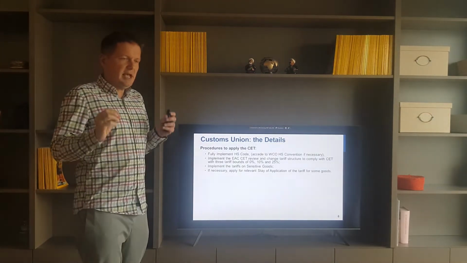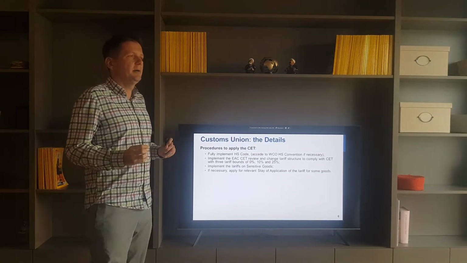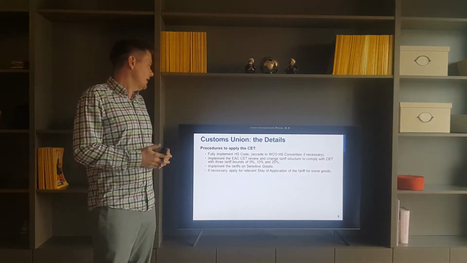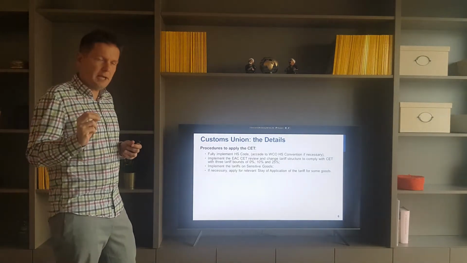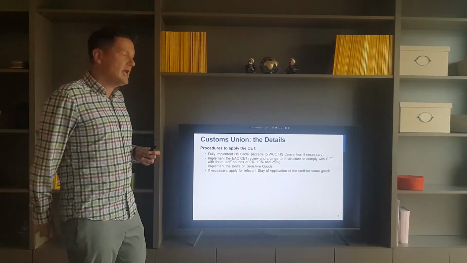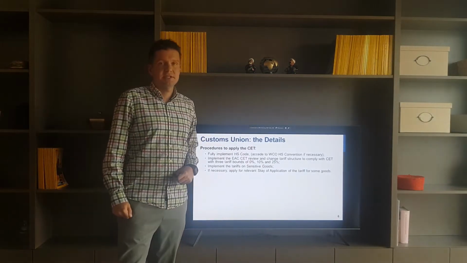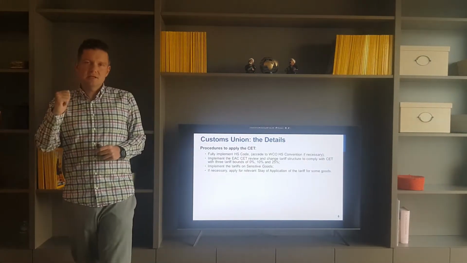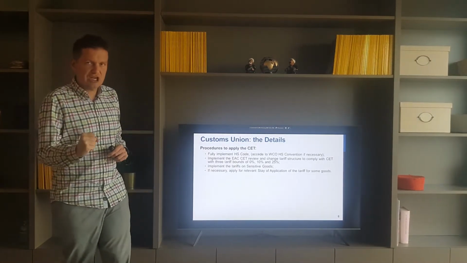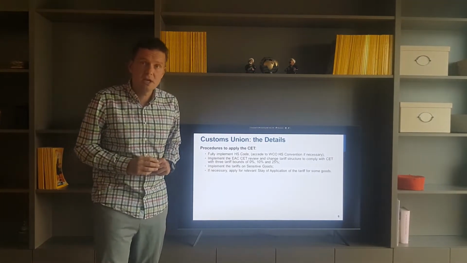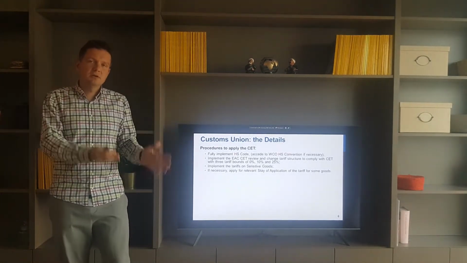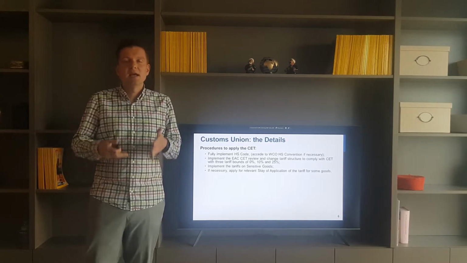natural resources and simple materials, natural goods, come with zero tariff. Intermediate goods for production come with a 10% tariff, and the final goods are 25%. Why? That is in order to spur manufacturing and production in the East African Community. Because in order to produce, you need materials, you need intermediate goods.